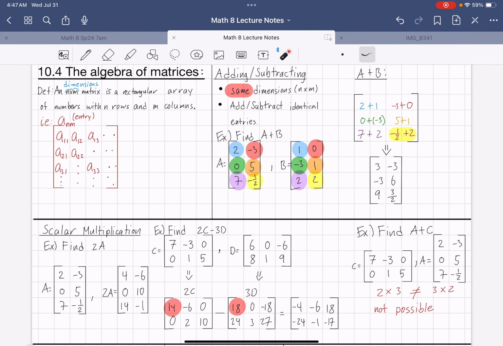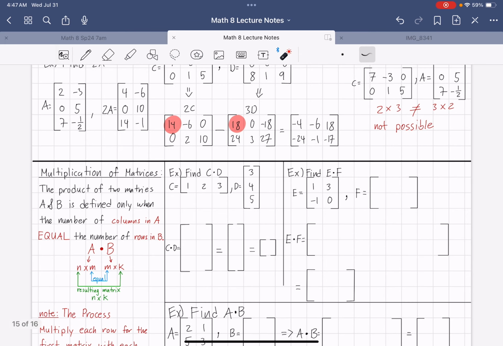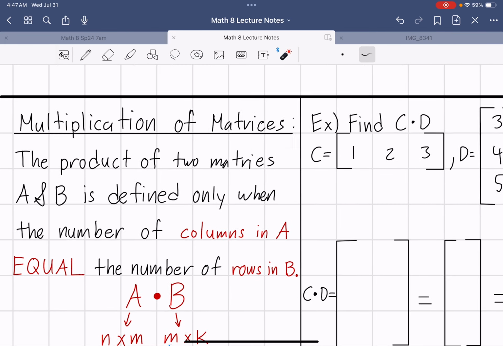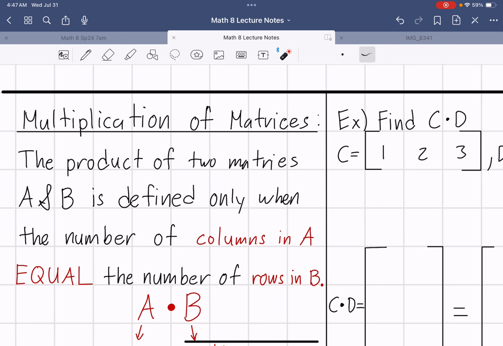Now, the one that is a little trickier to grasp is this multiplication of matrices, right? In vectors, we also had the scalar multiplication and then the dot product. But the way you dealt with it worked a little differently. Same with multiplication of matrices.